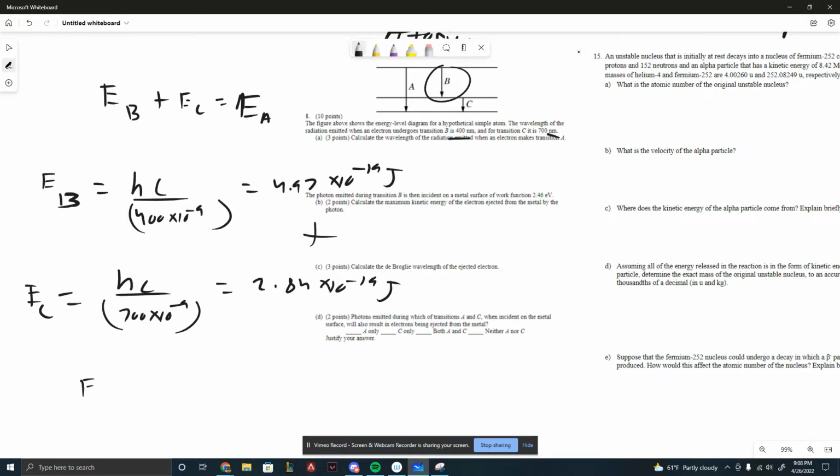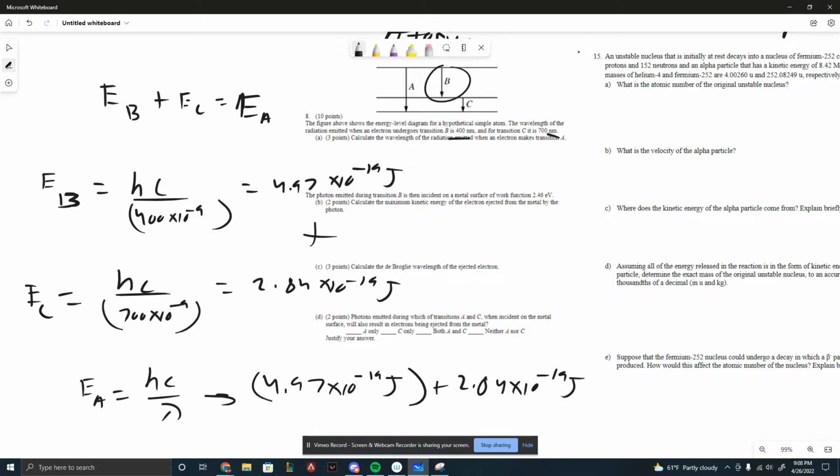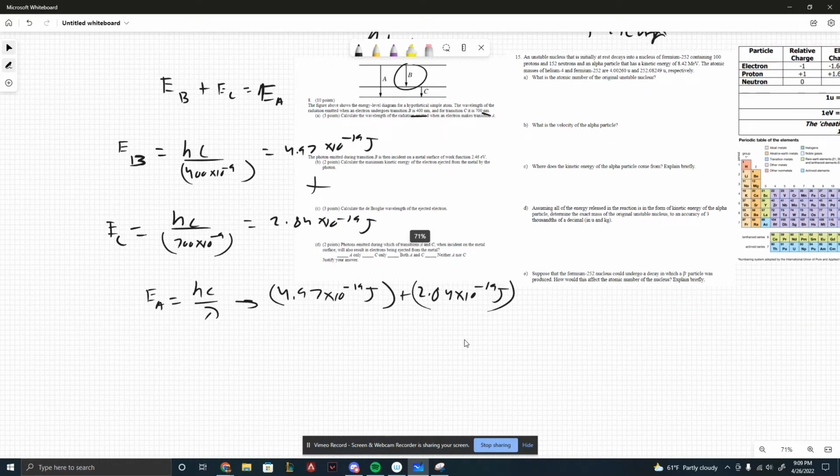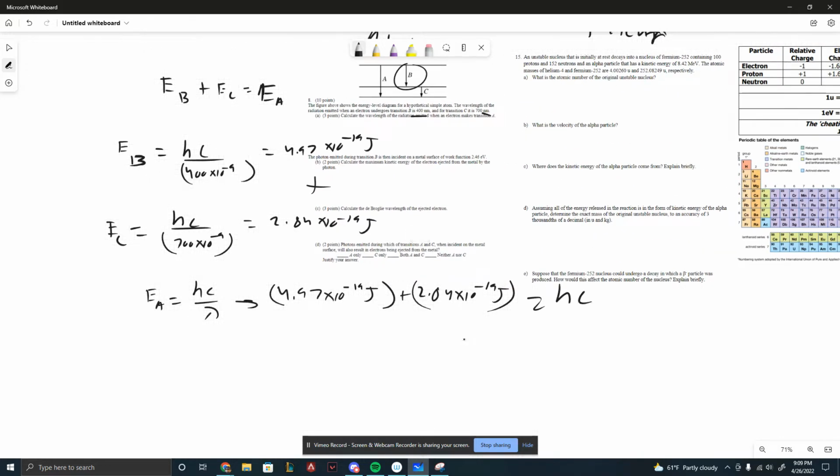So EA is then going to be equal to hc over lambda. We can do 4.97 times 10 to the negative 19th joules plus 2.84 times 10 to the negative 19th joules will be equal to hc over lambda. h and c are constants, so I honestly don't normally write in the constant values.